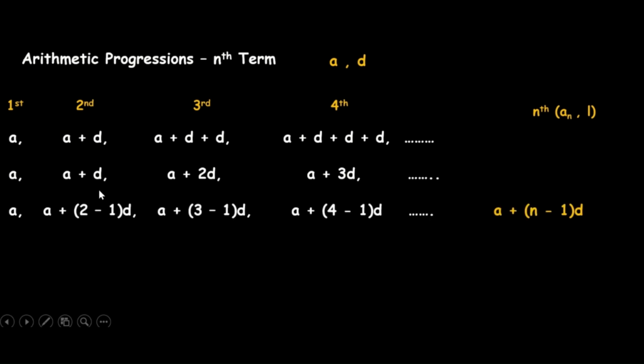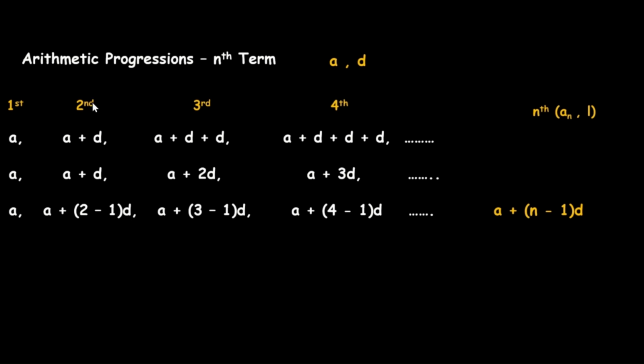And if we rearrange the terms like this, in this example, D can be written as 2 minus 1, D. 2 minus 1 is 1 anyway. 1 into D, D. Similarly, here 2D can be indicated as 3 minus 1, D. 3 minus 1 is 2, 2D. And so on.